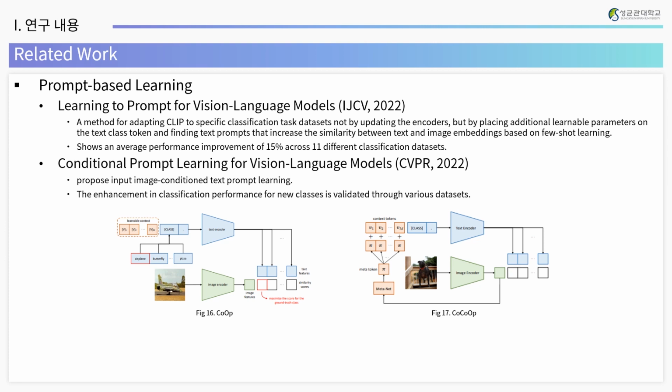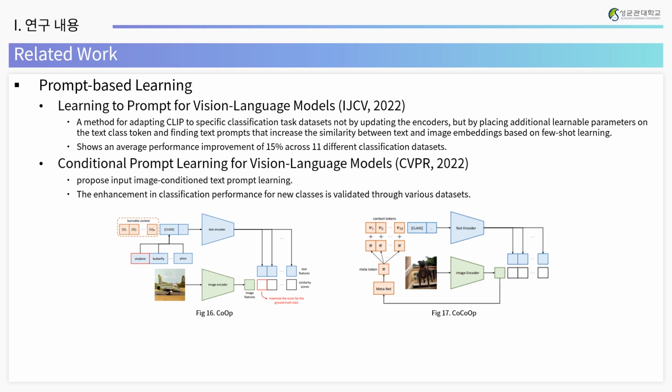There are 2 types of prompt learning in vision language models. Firstly, this page introduces text-based prompt learning methods. First paper is Learning to Prompt for Vision-Language Models.